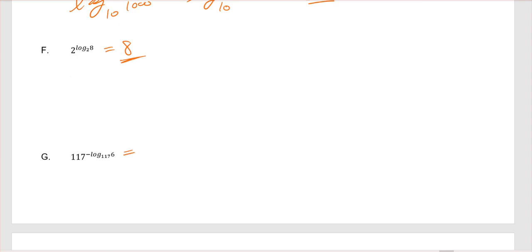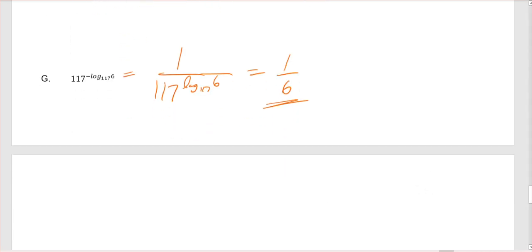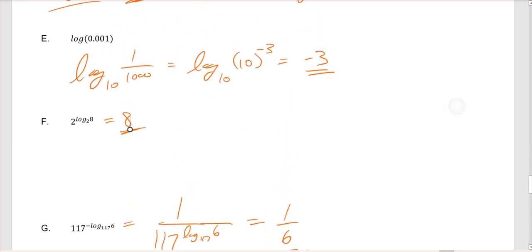So we want to write that with a positive exponent. We know that negative exponents are just going to flip our number into the denominator. And then we have in the denominator that we can apply that property, right? 117 to the power you raise 117 to get 6. Well, it's going to give you a 6 in the denominator. So there you go. Is there another one? Oh, there's not. Okay. Well, cool.